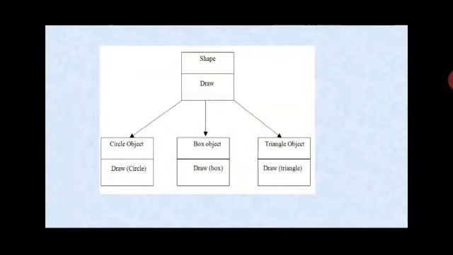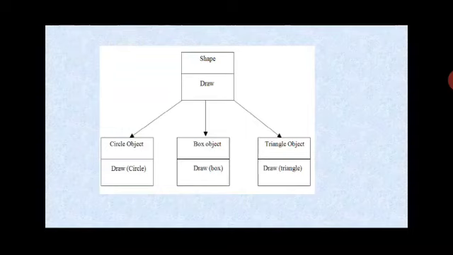See this example. We are going to draw a shape. Different kinds of objects: circle, box, triangle, with different numbers of arguments. Draw circle, box, rectangle or triangle, whatever it may be. So any kind of object I can take.